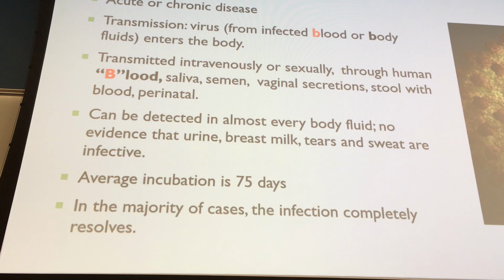So that obviously has a lot more opportunities in terms of transmission, okay? It can be detected in almost every body fluid, but there's no evidence in terms of urine, breast milk, tears, or sweat, okay? So specifically, Hep B is transferred through sex, blood, saliva, semen, vaginal secretions, stool, or stool with blood, or perinatal during that transfer.